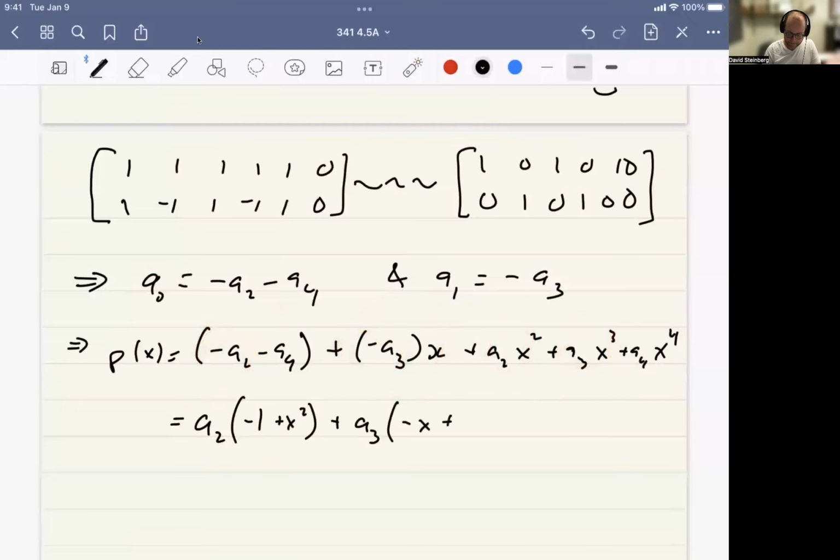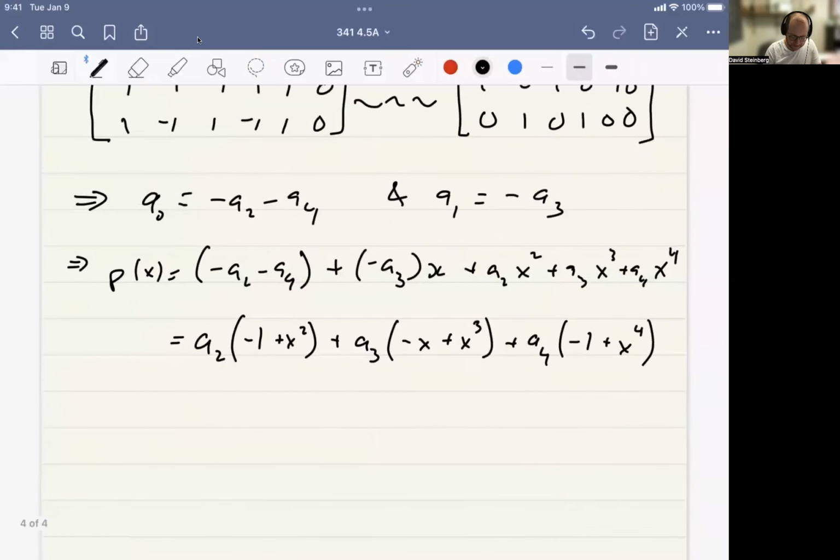Minus x plus x cubed. And a4 is going to appear where? A minus a4 and a plus a4x to the fourth. So this is -1 plus x to the fourth.